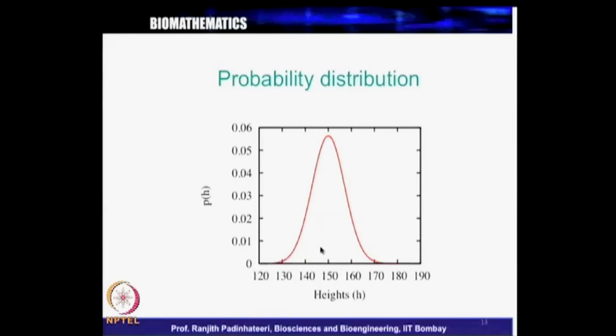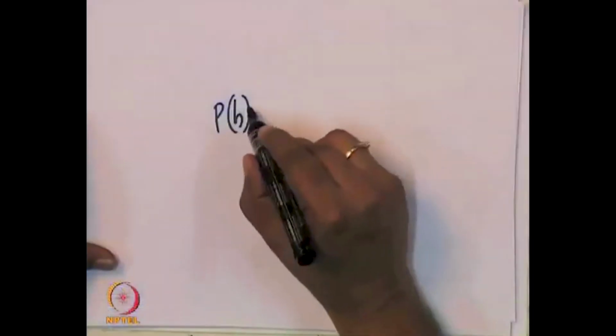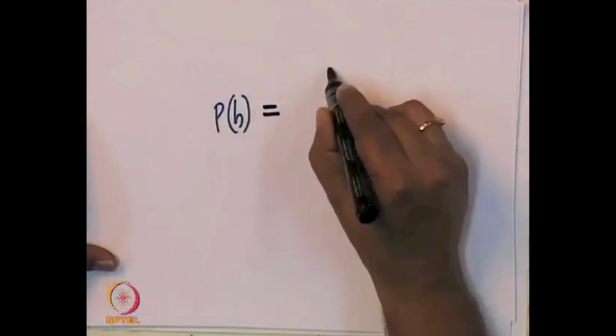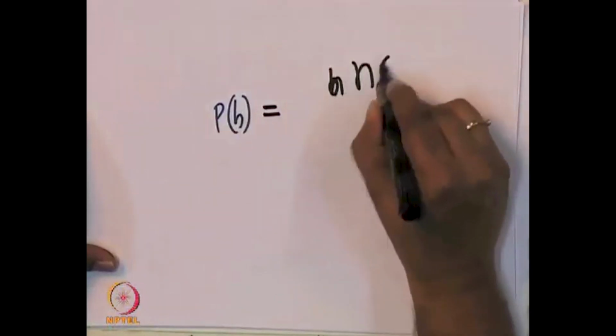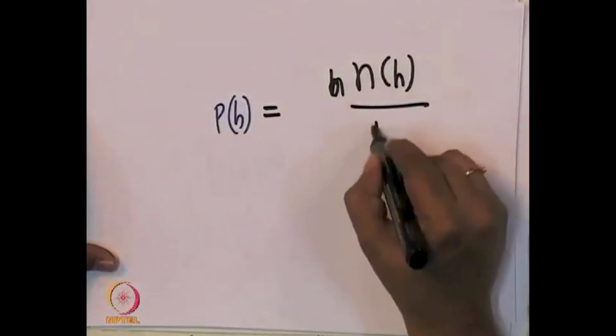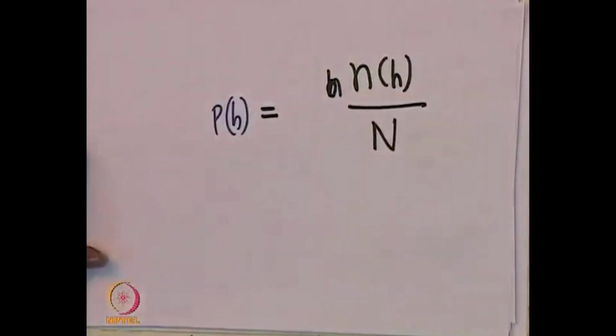Somewhere in the middle there are many students, like at 150, the probability of finding students having 150 is around 0.05 in this example. So, this is an exercise that you can do. You can calculate the probability distribution the way we defined. The probability of having students of height h is the number of students having height h divided by the total number of students. This will give you the probability.